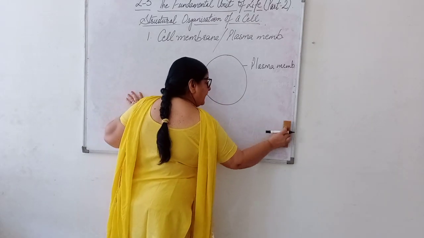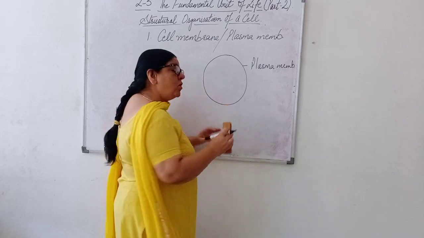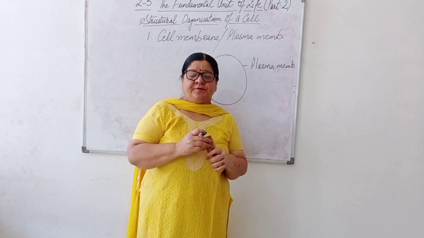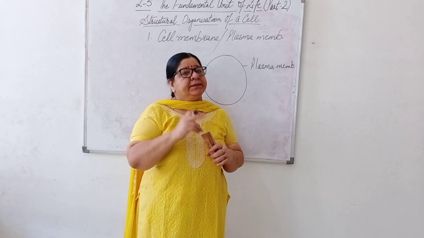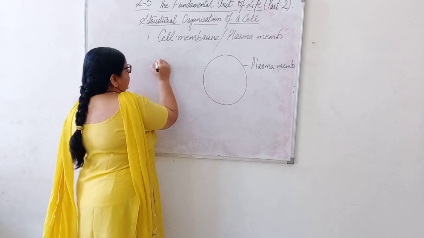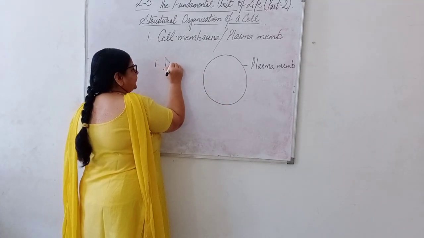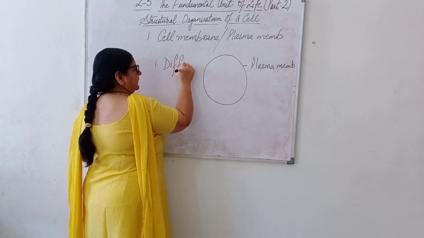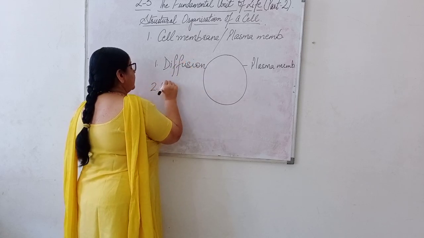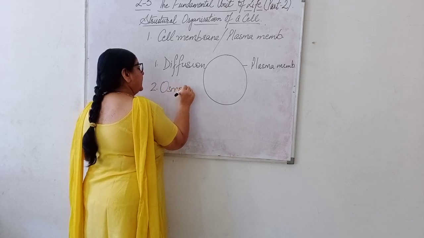Now this, how it allows the entry and exit of the substances. That is done by two processes. Number one is diffusion, and number two, osmosis.